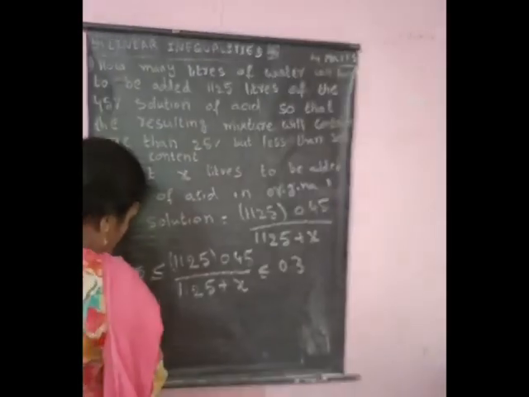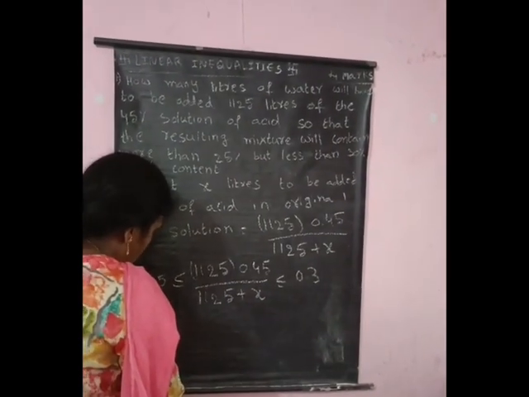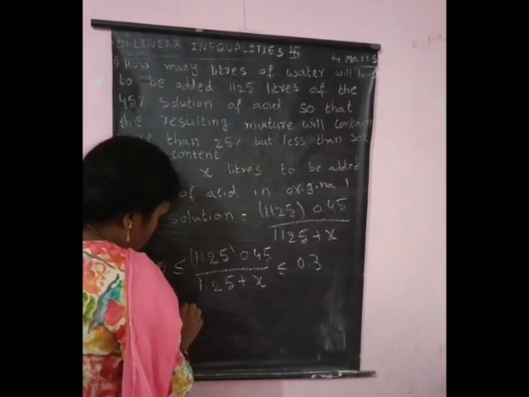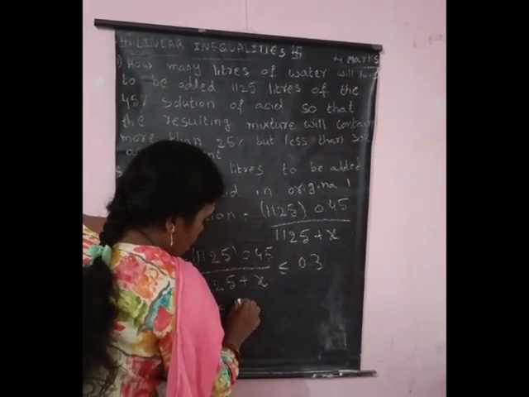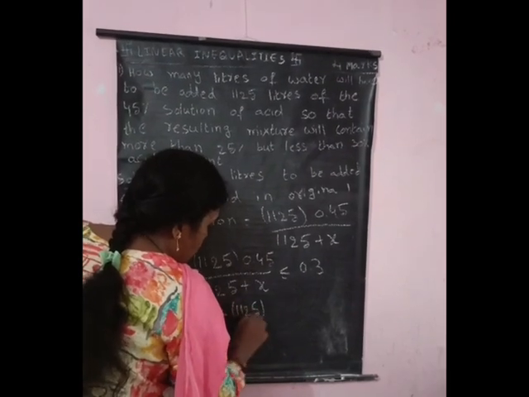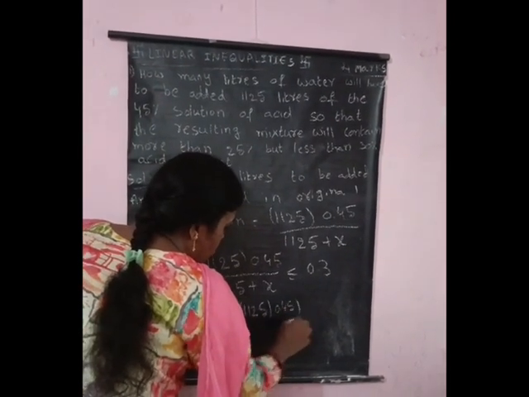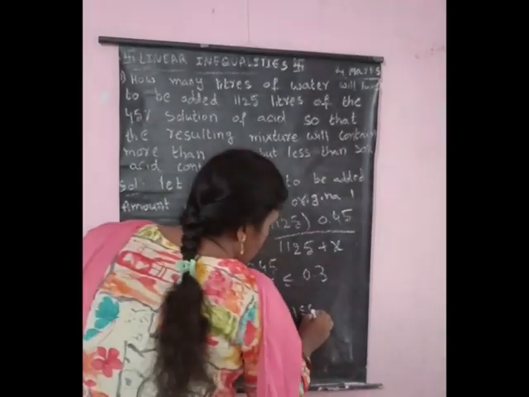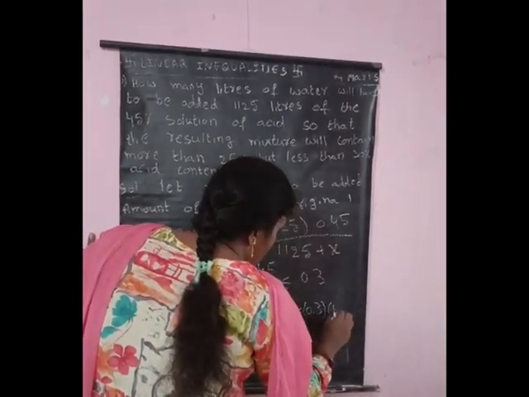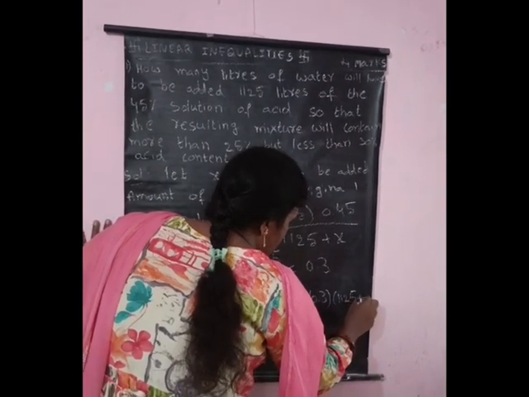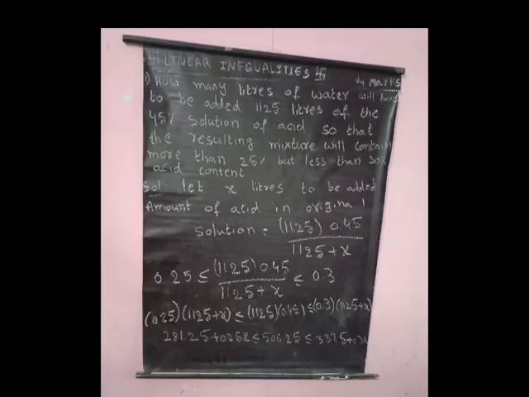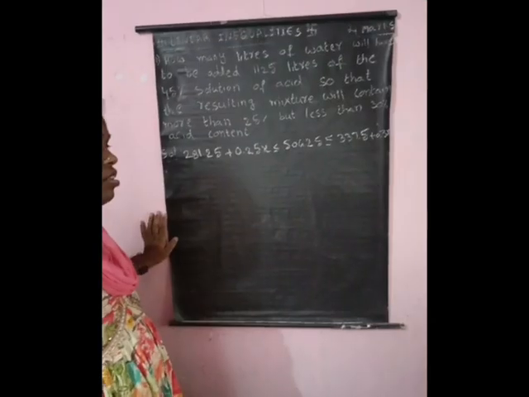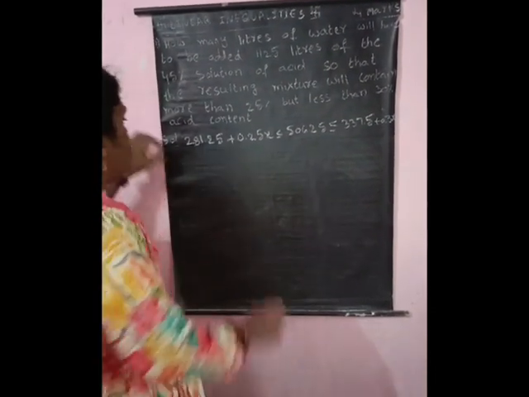By cross multiplication we get 0.25 into 1125 plus X less than or equal to 1125 into 0.45, less than or equal to 0.3 into 1125 plus X. Then we have to multiply this. Now this equation splits into two terms.